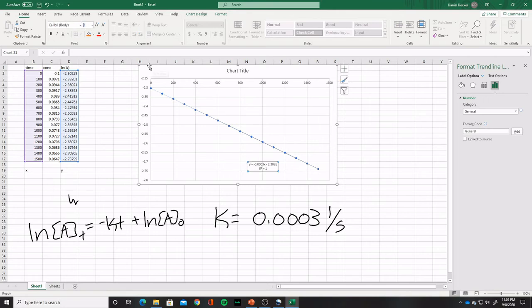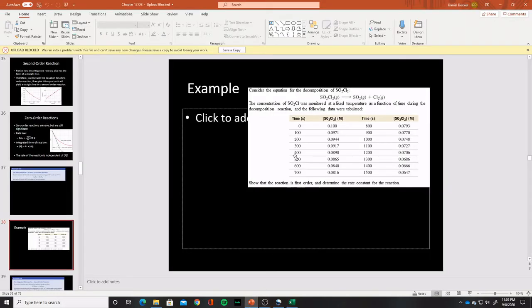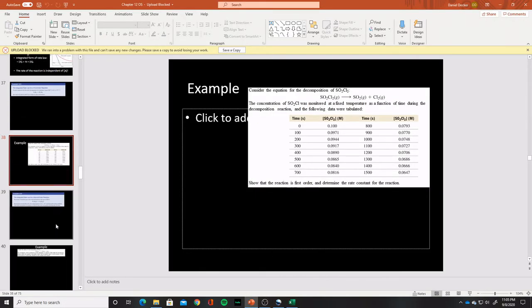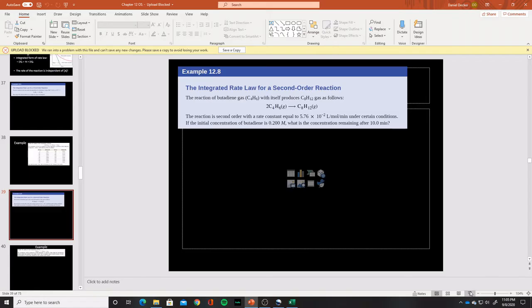Let me make that a little bit bigger so you can see it a little bit easier. So the slope is negative 0.0003, and since we have that negative there in the equation, it cancels it out. So it's just positive 0.0003. All right. So that was this question. Let's move on to the next one here.